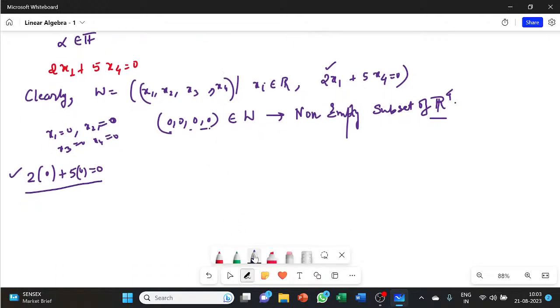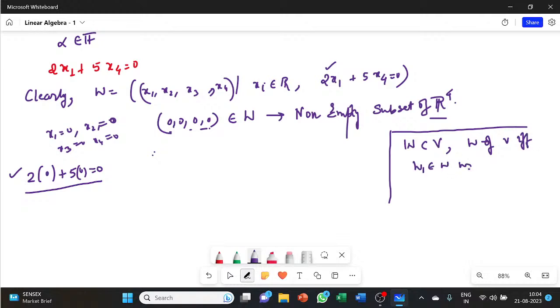Another thing that needs to be seen here is that let us apply the first theorem. The first theorem said that if W is a subset of V, then W forms a subspace of V if and only if W1 belongs to W, W2 belongs to W, then W1 plus W2 should belong to W, and if alpha belongs to some field F, then alpha times W should belong to W. Okay, so this is our first theorem.